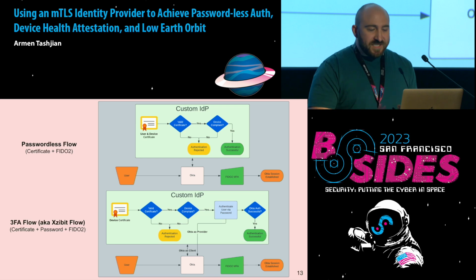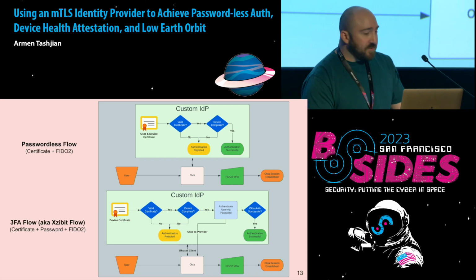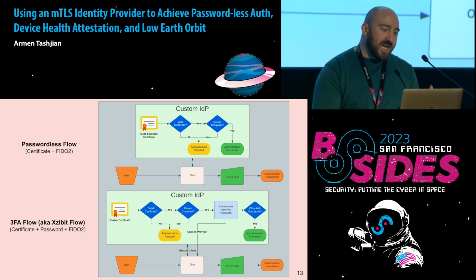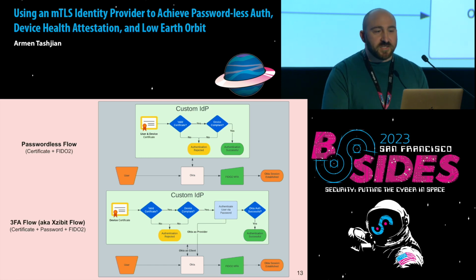Let's go a little bit deeper into the actual authentication flows that we support within our identity provider. We have a passwordless flow, which most of our employees use to authenticate to Okta. And we have a 3FA flow, which is used when authentication is necessary from a shared device.